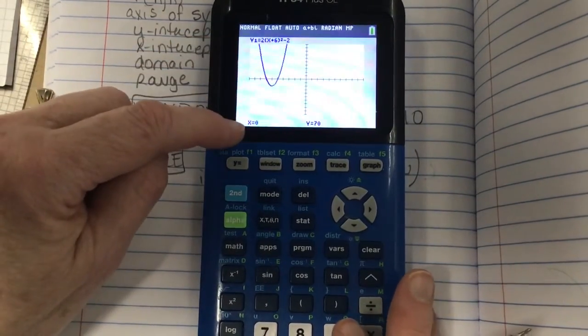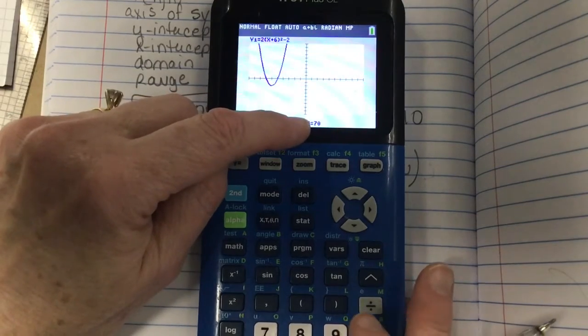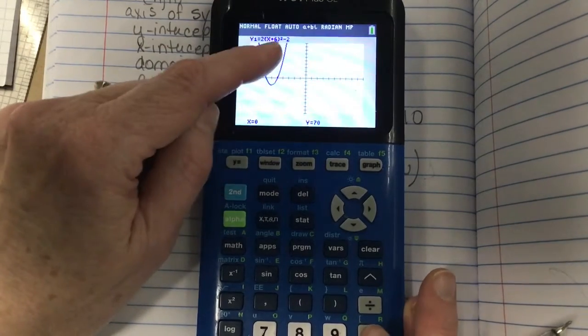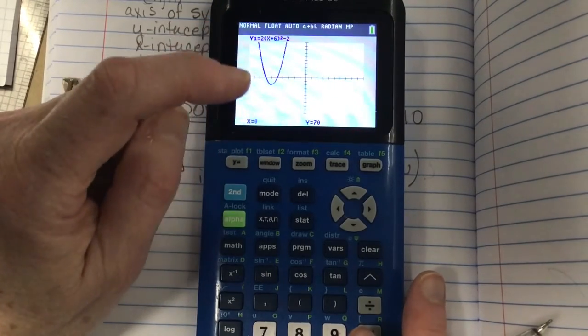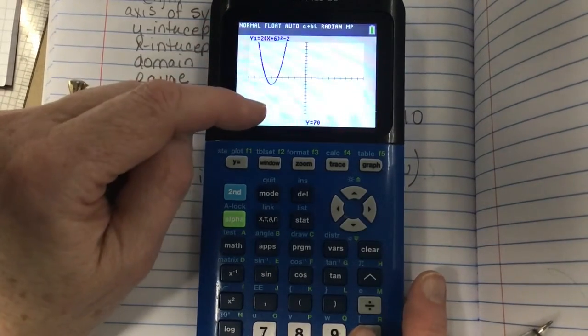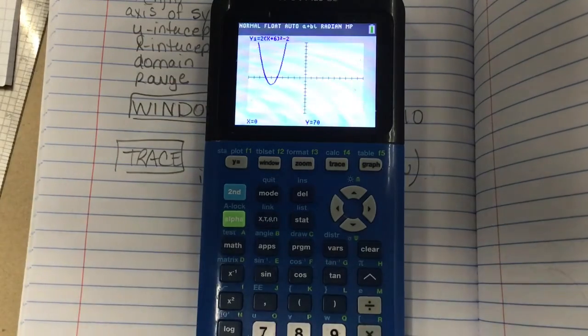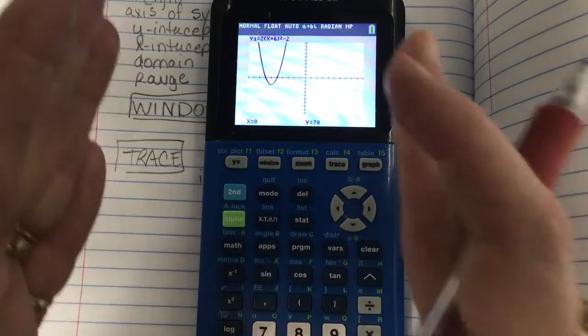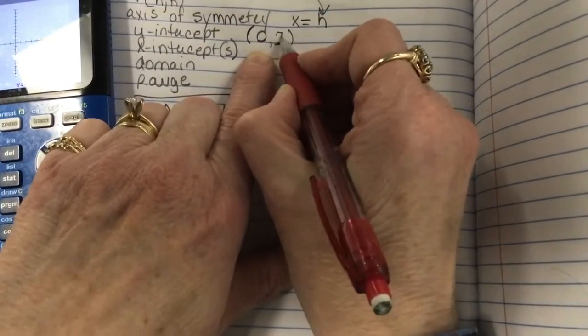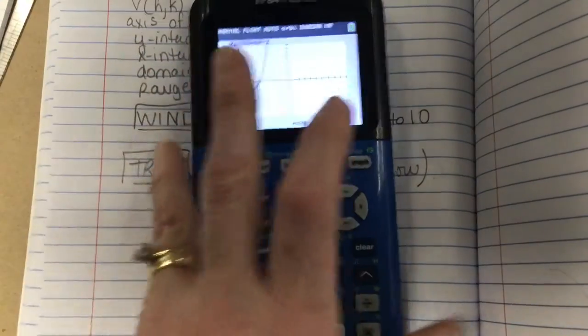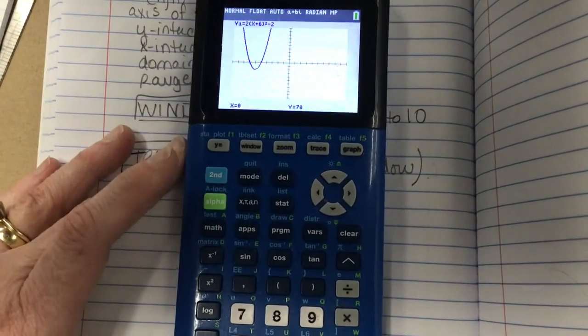Look, x is 0, y is 70. That's why I can't see it. It will give you y's outside of your window, but you can't put x's in outside of your window domain. So your calculator's domain right now is -10 to +10. So when x is 0, y is 70. That's where this graph crosses the y-axis. Some of them you see, some of them you can't.